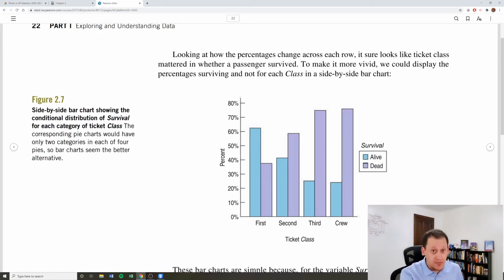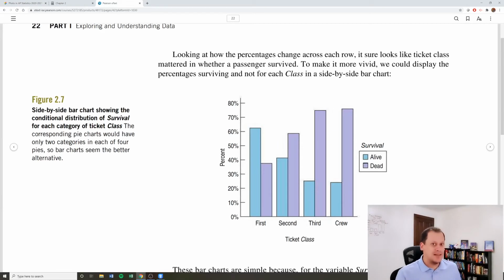And if you have learned about the Titanic, you know they were the first people to get life jackets, lifeboats, all that stuff. And then as you go through the ticket classes, you see that the rate of survival plummets and the rate of dying, or the mortality rate, increases as you go further down.